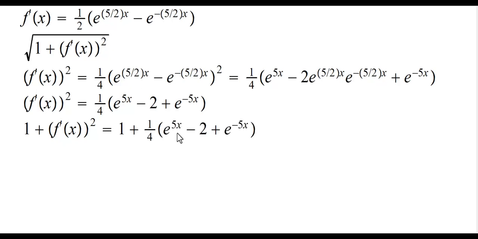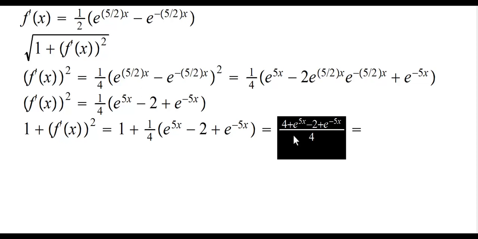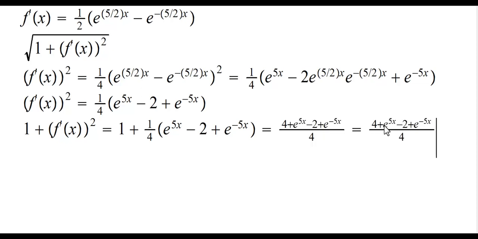Let's take 4 as the common denominator, so here we will have a 4 plus this whole thing. When we do that, the only thing that changes is that this -2 will become this +2.